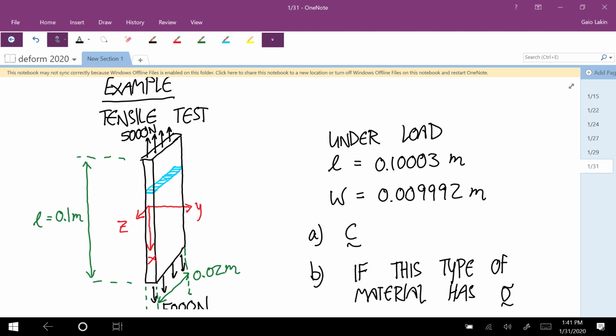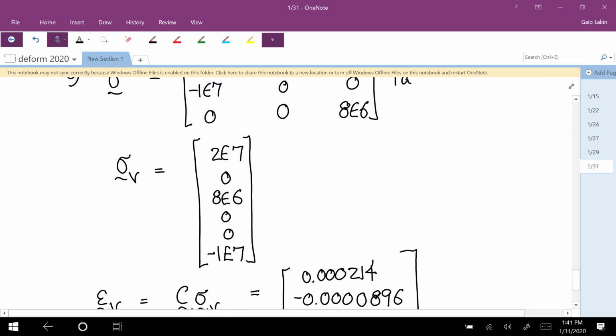Okay, so now the last thing I want to do today is talk about the rest of the tensile test.